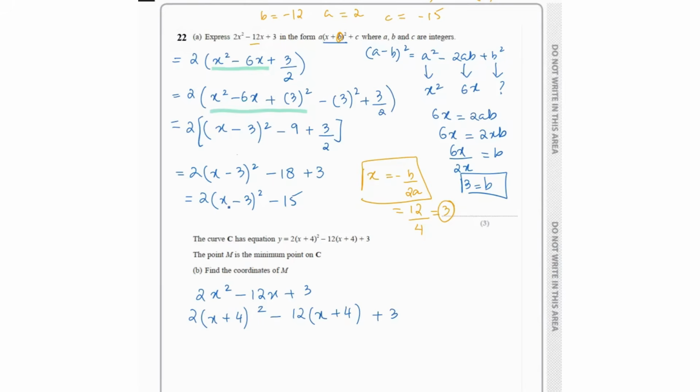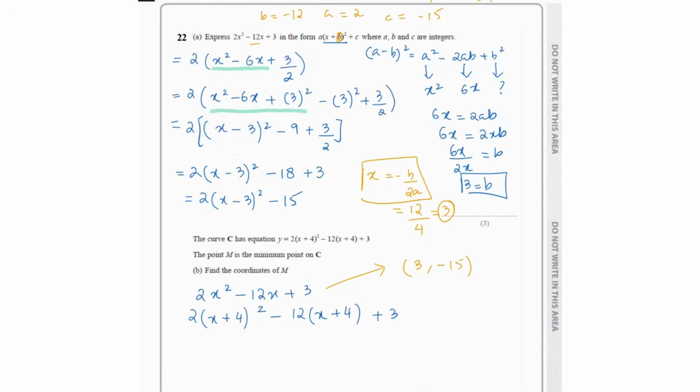So we have the completing square form, which is 2 times x minus 3 whole square minus 15. X is now x plus 4. So x plus 4 minus 3, that's going to be x plus 1. So for the original equation, the minimum point is 3 and negative 15. Looking at the transformed curve, it's x plus 4.